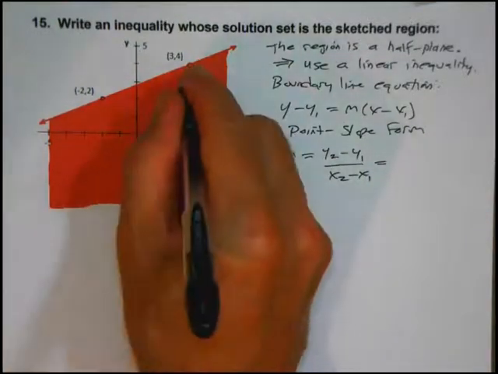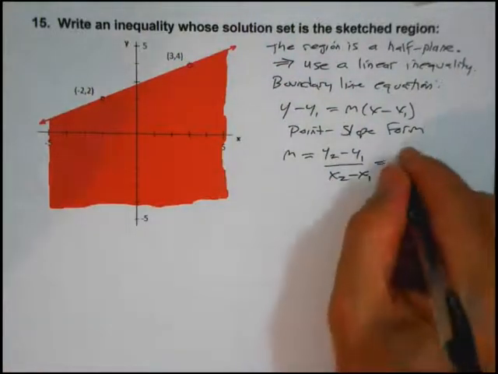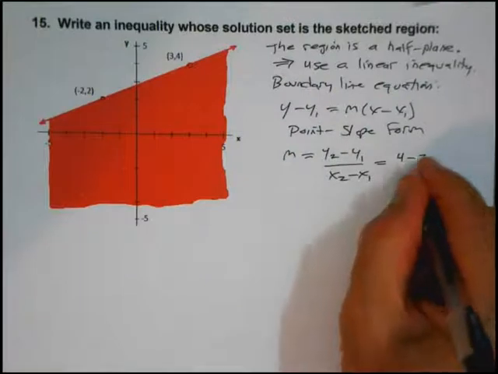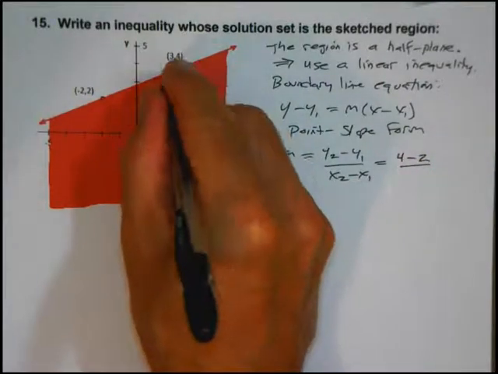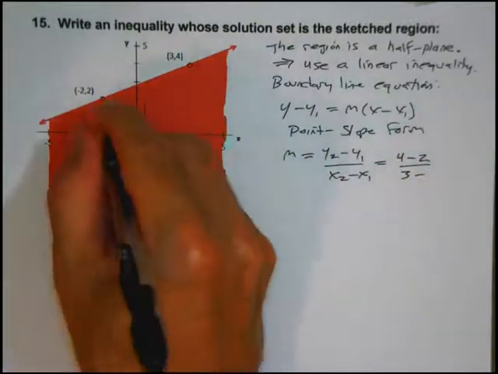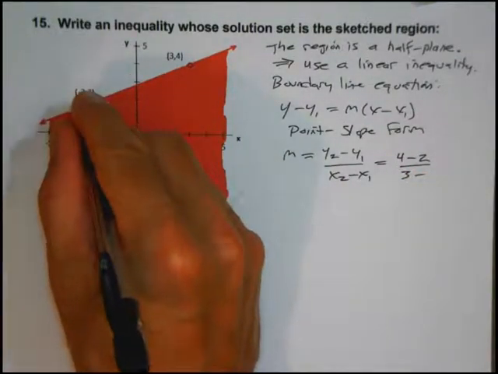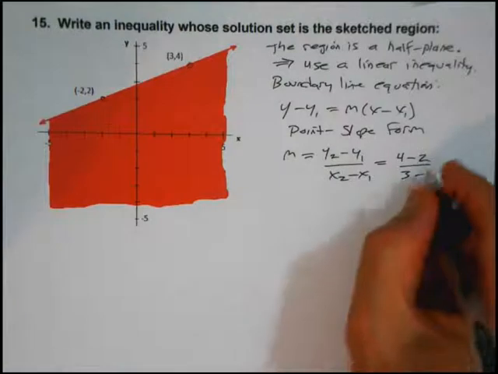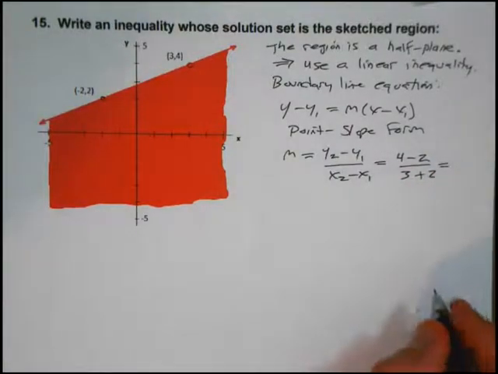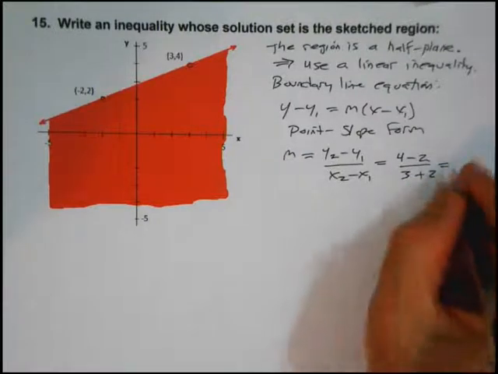So our y sub 2 becomes a 4, minus our y sub 1 becomes a 2, x sub 2 becomes 3, x sub 1 is a negative 2. If we subtract negative 2, that's plus 2. And so this simplifies to 2 over 5.